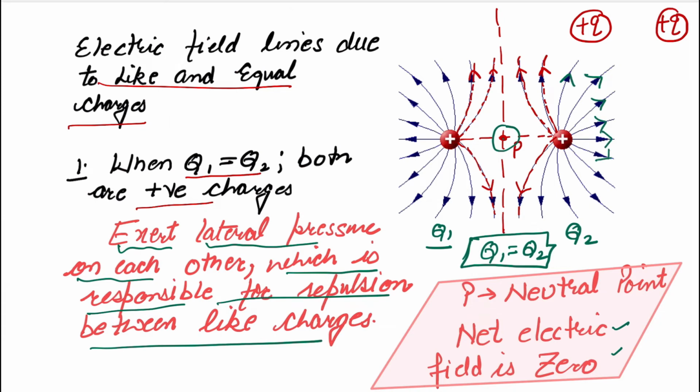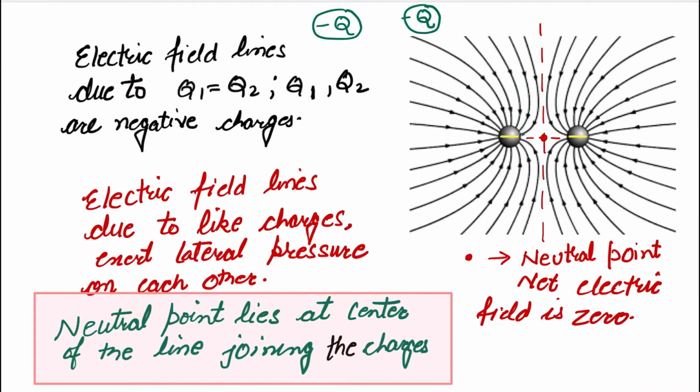The lines were moving away from the charge with the arrow. In this case the lines are moving toward the charge. The arrows put on the lines are toward the charge. Similarly, for the minus q and minus q charges, the neutral point is at the center, and at this neutral point the electric field is 0.